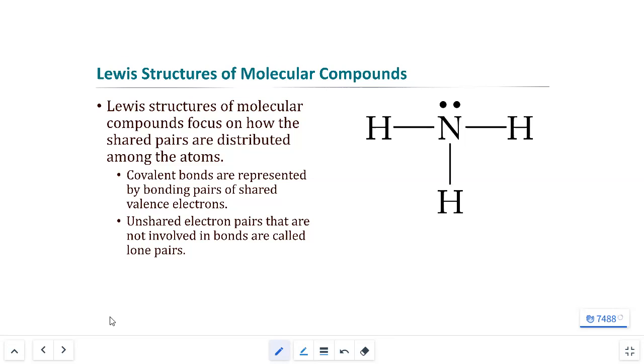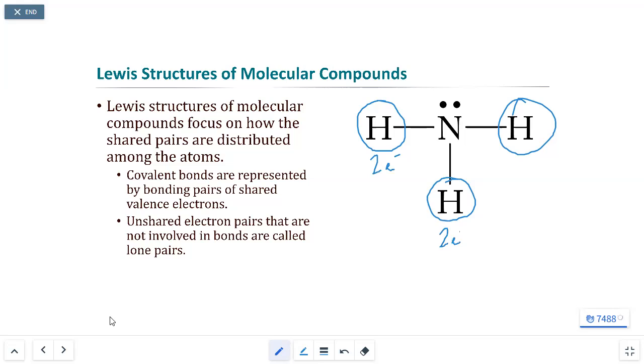And so if I look at this from the standpoint of the hydrogens, each one of these hydrogens has one line between it and the nitrogen. So they each are holding two electrons, which for hydrogen is good enough.